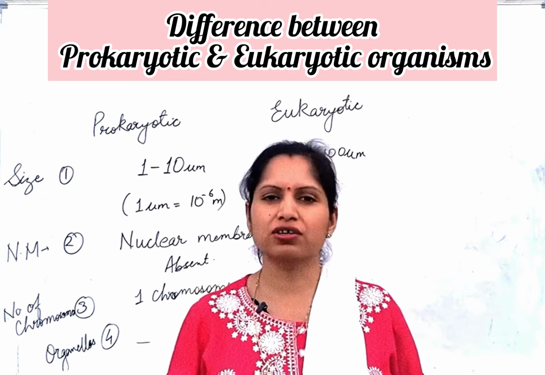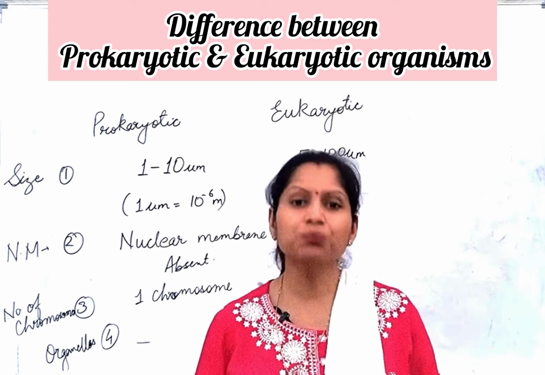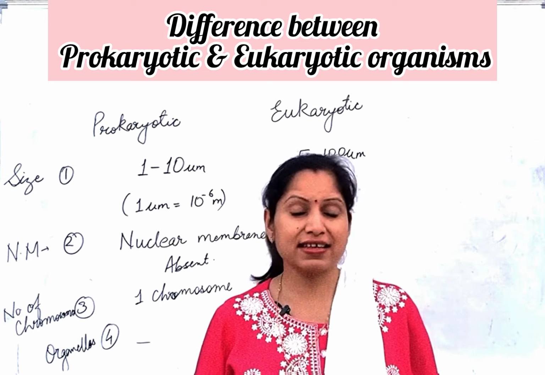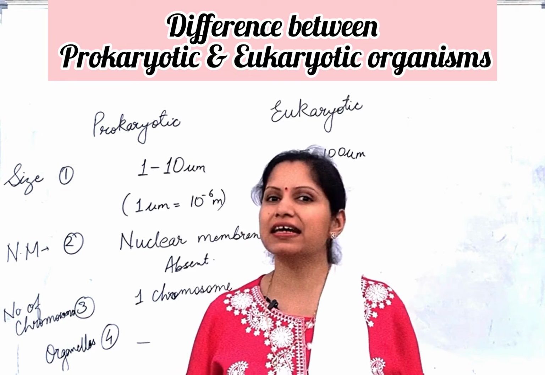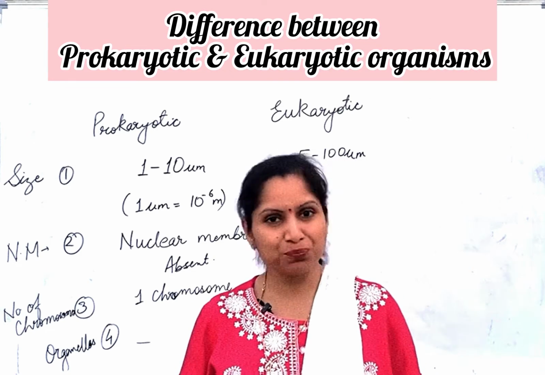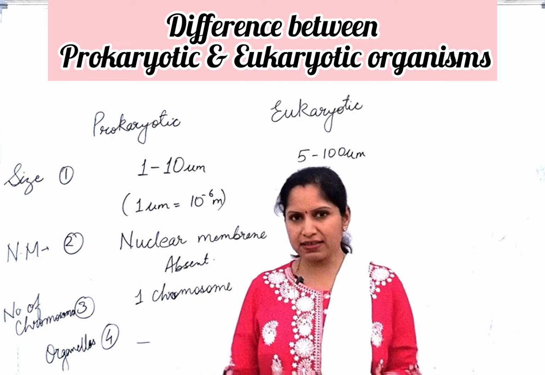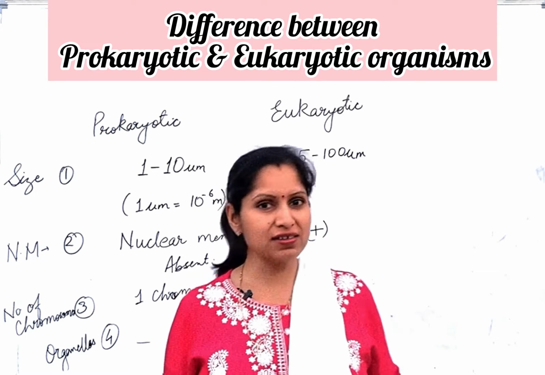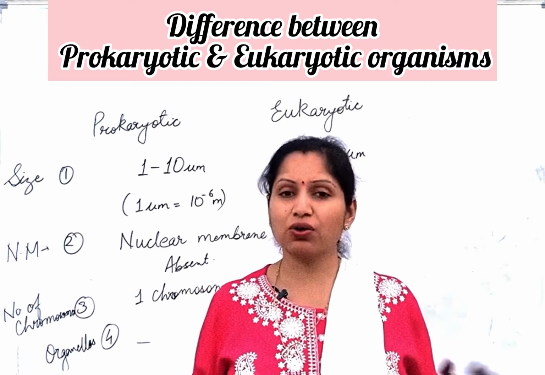Organelles are small structures about which we are going to study in detail in the next video. Many cell organelles are there inside the cells. So all these organelles are present inside the cell cytoplasm only. Inside the cytoplasm we have different cell organelles about which we are going to study in detail one by one.